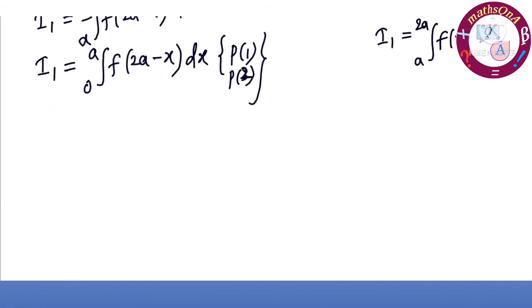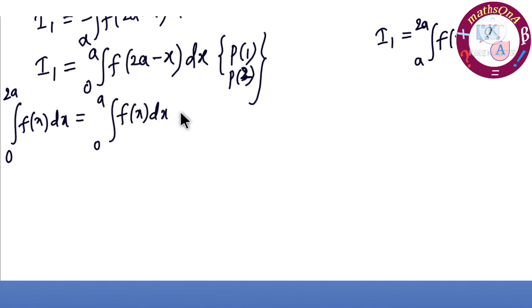So next, what is the value of I1? We have to put the value of I1 in the equation. Okay, the equation we considered earlier, in that equation we have to put the value of I1 here. So integration of 0 to 2a f of x dx is equals to, integration of 0 to a f of x dx plus, in place of I1 value you have to put this one.